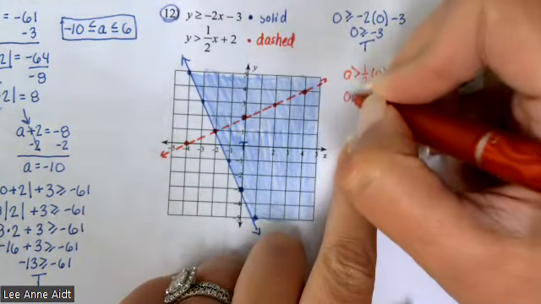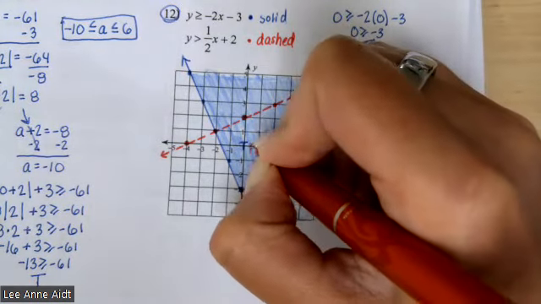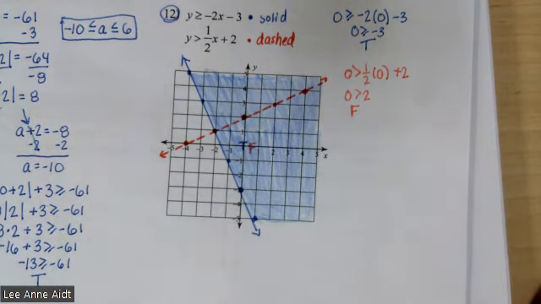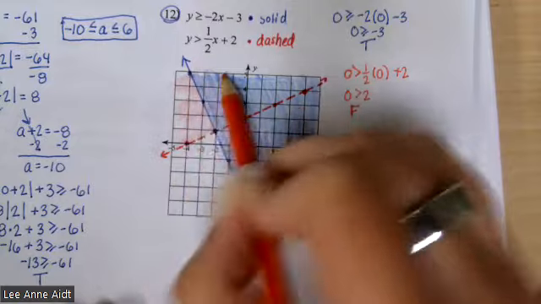Yeah, that's false. Okay, so false for the red line means that I need to shade on the other side because that's where it would be true.